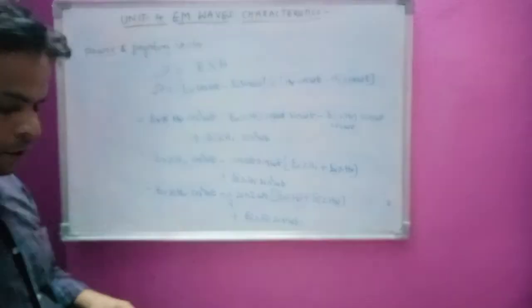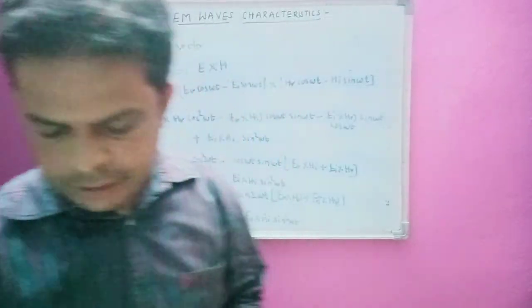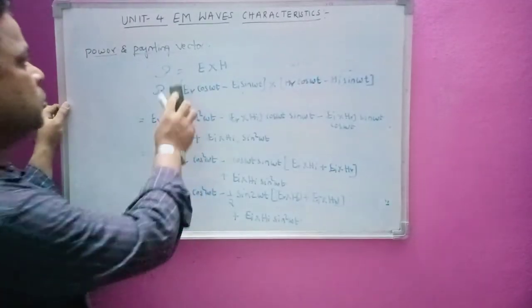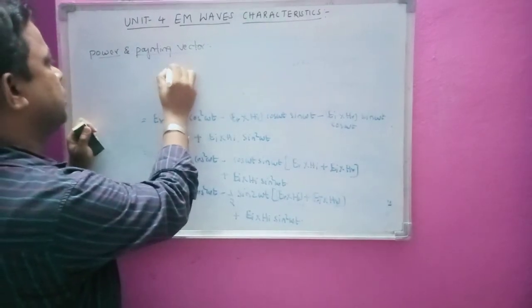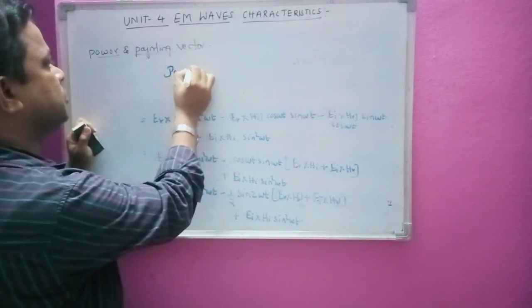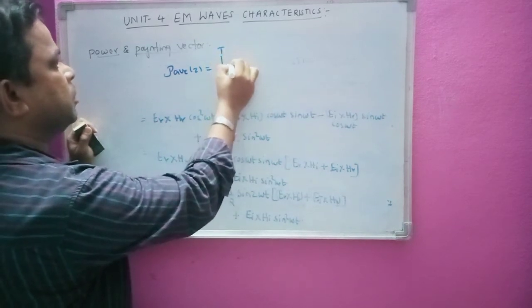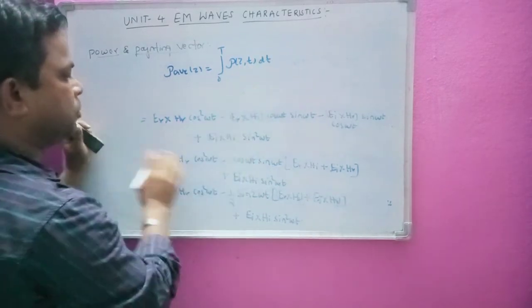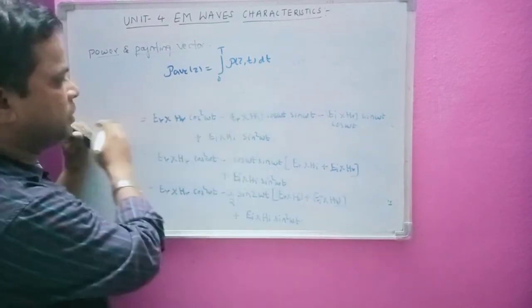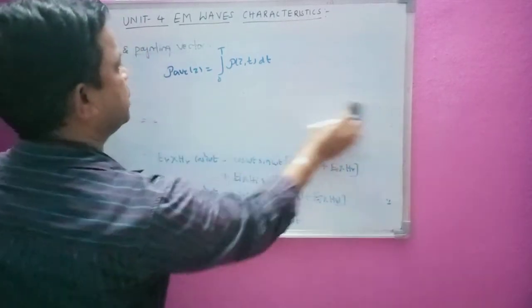Now in order to get the average power, we have to take P average is equal to, in order to calculate that, I have to take the average power of this one, that is integrating in the limit 0 to T, P of z comma t dt. That is what I have to do. I have to take this entire equation here. Let us see what happens.